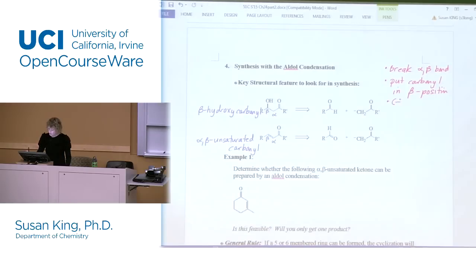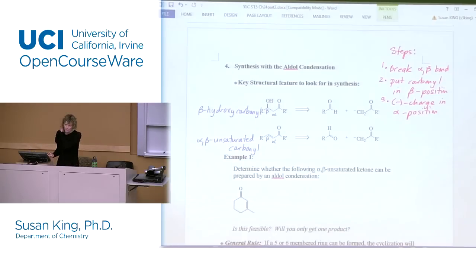And the negative charge in the alpha position. So these would be the steps. We'll call this 1, we'll call this 2, and we'll call this 3.